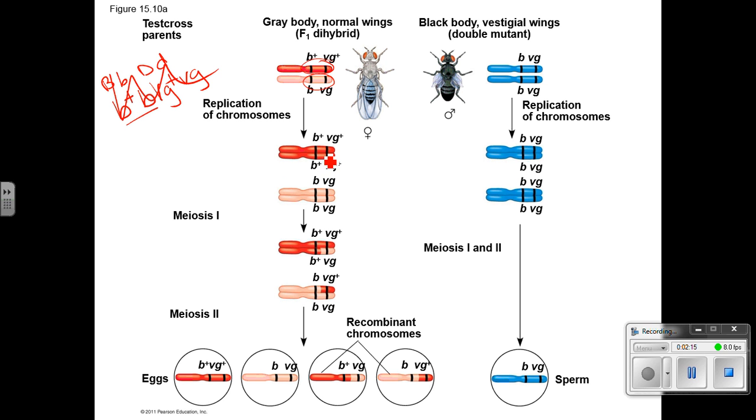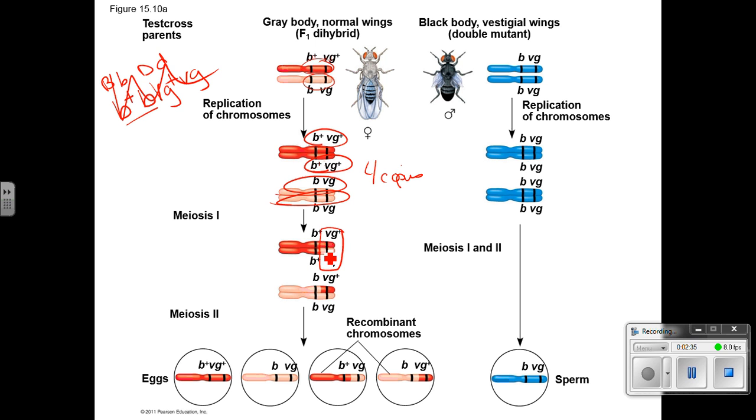So the DNA's chromosomes have replicated. So you've got two copies. They're the same here and there. Okay. And then this one copied itself too. So now you've got actually four copies of each of these alleles. Meiosis 1 happens, and notice this crossing over right here.